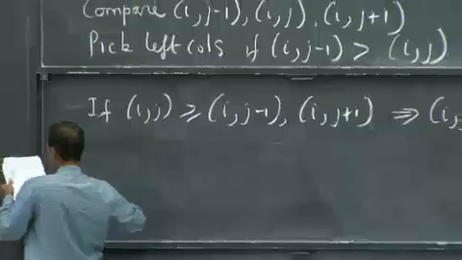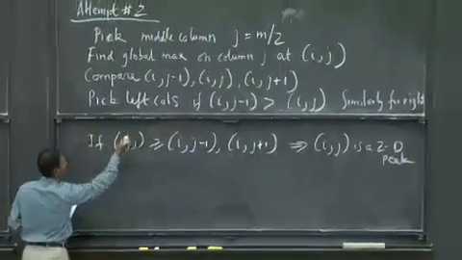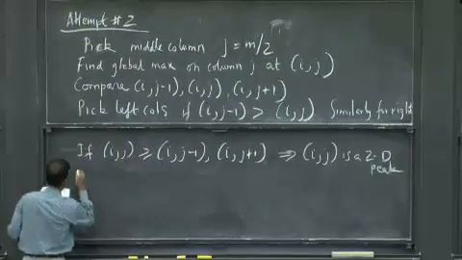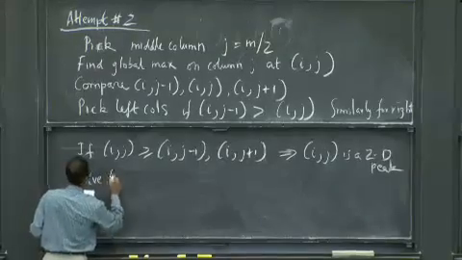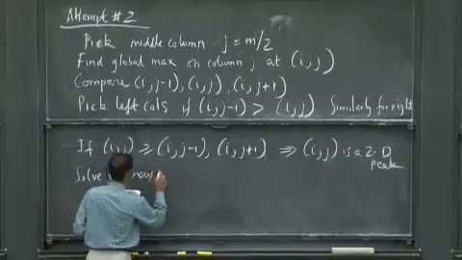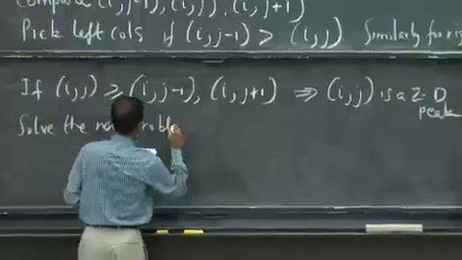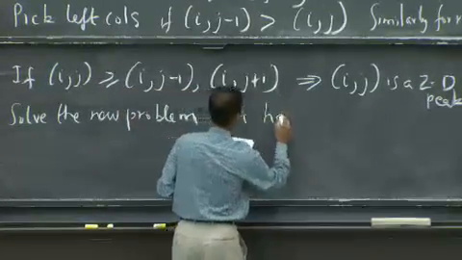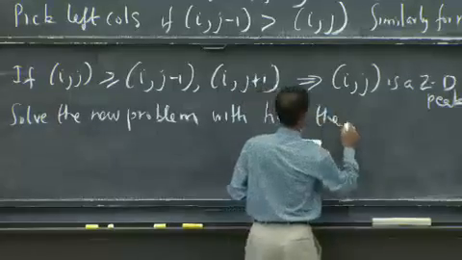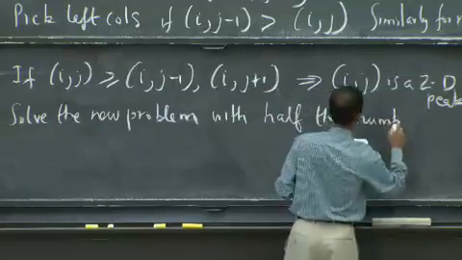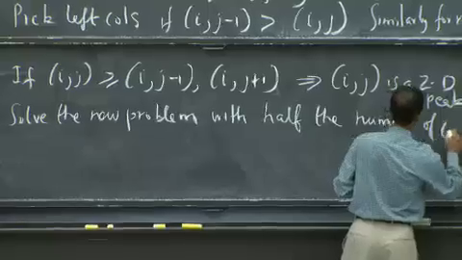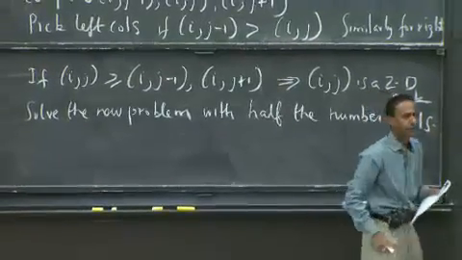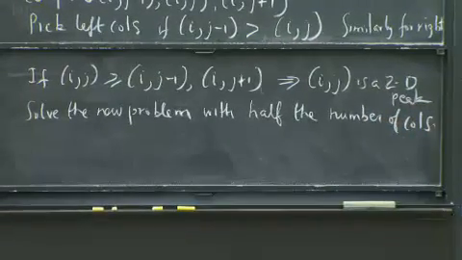Okay? So in this case, you pick either the left or the right columns. You'll pick one of them. You're going to solve the new problem with half the number of columns. All right?